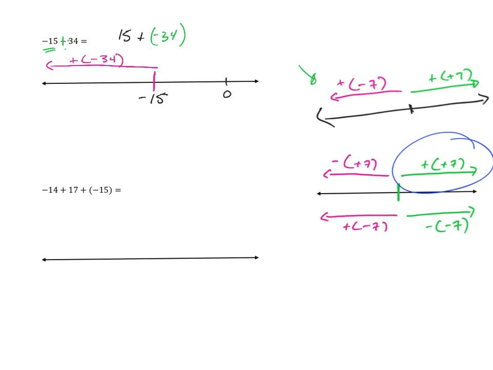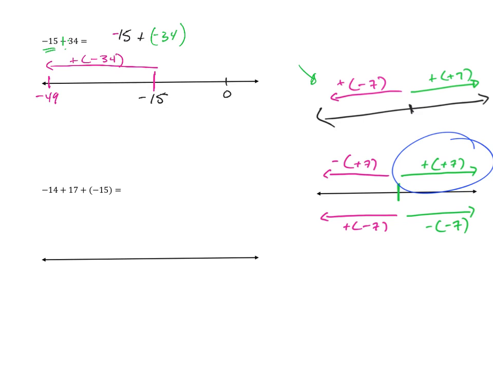So if you came up with an answer of 19, then you know you're going the wrong direction, because when you draw this, you can see zero's over on the right-hand side, and I'm going to the left, which means I'm just going to get the negative 49.